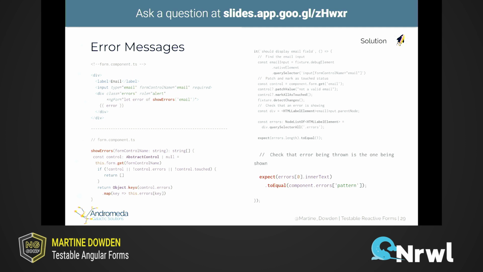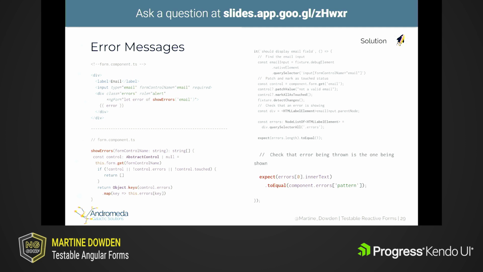I can also, because if you look at the form component, you'll see that my messages are in a nice little object, go ahead and check that error against the error in the object to make sure those patterns match, to make sure that I'm getting the correct error based on what they are. Okay.